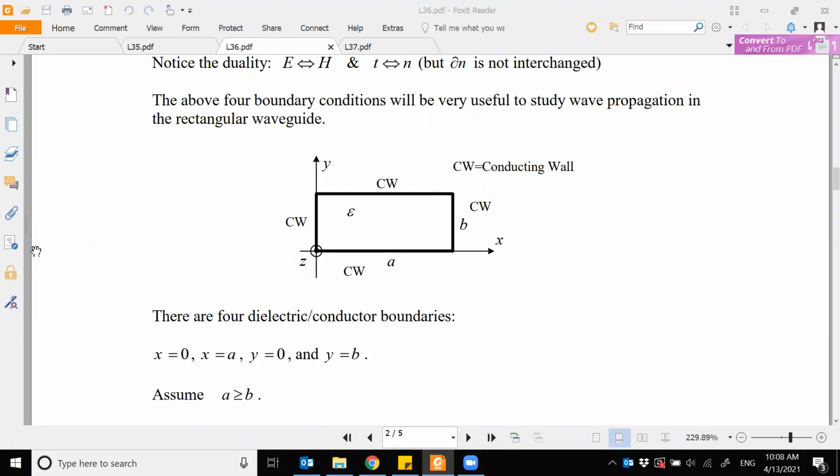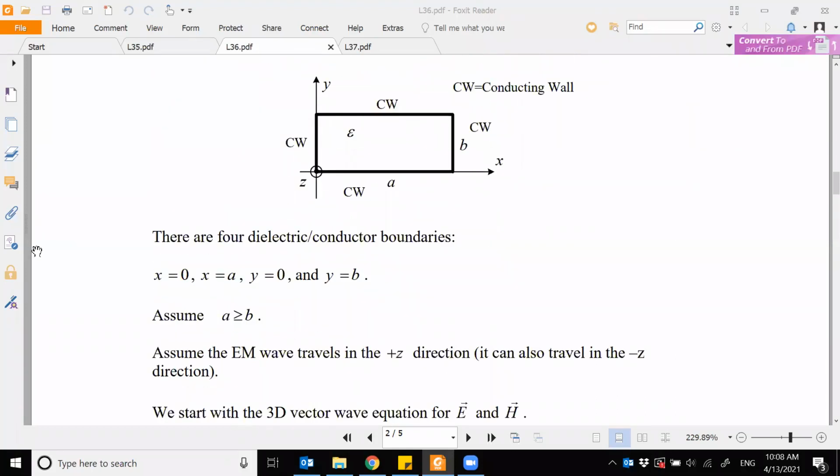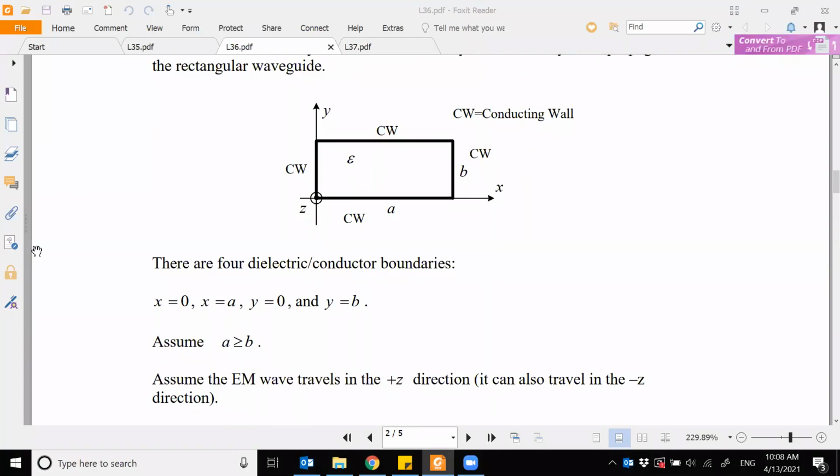So what are we going to have? We are going to have 4 boundaries. The first boundary is here, where x is equal to 0. The second boundary is here, x is equal to a.